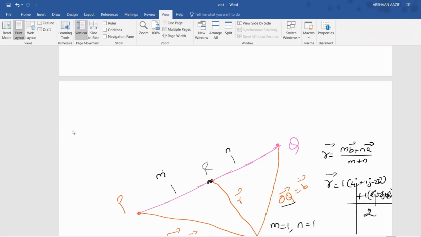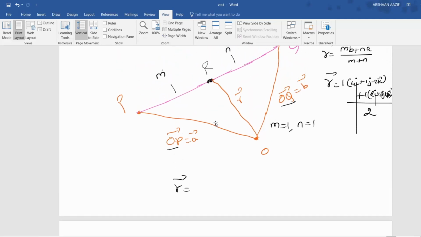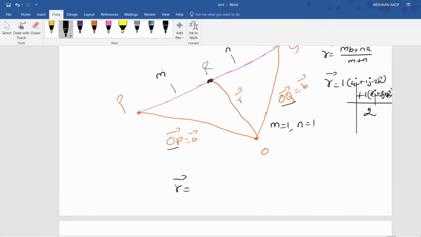Simplifying this, I'll have my R vector equal to, when I add the like terms, 4 plus 2, this is 6i, plus 1 plus 3, 4j, plus minus 2 plus 4, that will be 2k, the whole divided by 2, which is equal to 3i plus 2j plus k.